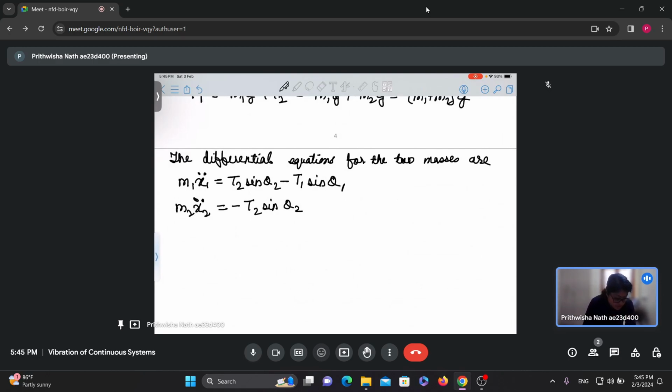Now we substitute the equations for T1 and T2, and similarly for sin theta 1 and sin theta 2, in the differential equation. So these are the equations we get.